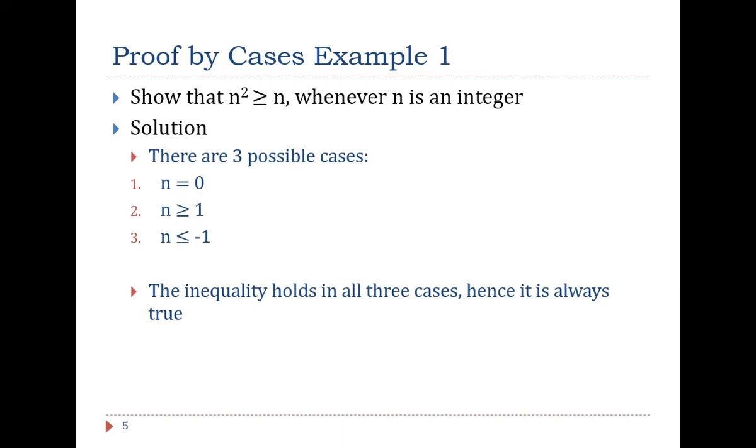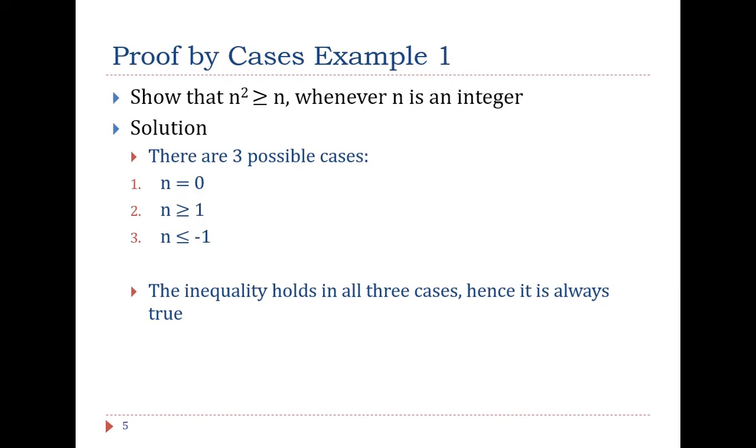Good. Now you still have to prove it for the third case. Here you play on the sign. The third one, so n is less than or equal to minus 1. This means that minus n is greater than or equal to 1.